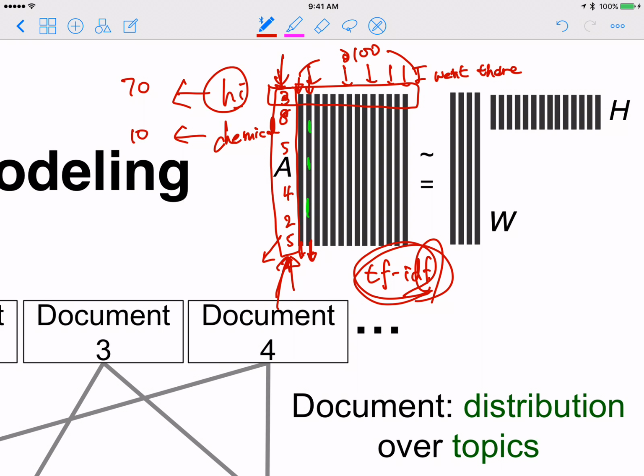Even though "high" appeared only once and "chemical" appeared only once, the importance can be different because "chemical" carries much more meaningful information. So we boost up these rare keywords, and we decrease the weight of the frequently appearing keywords.